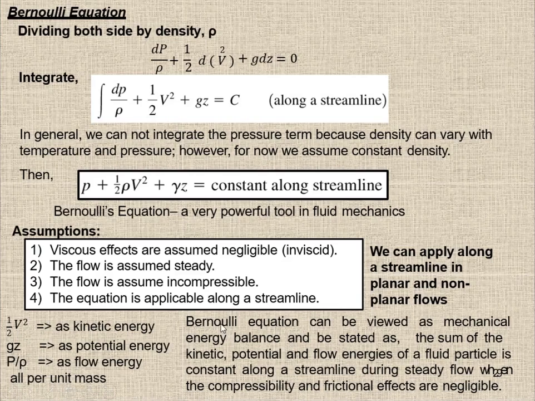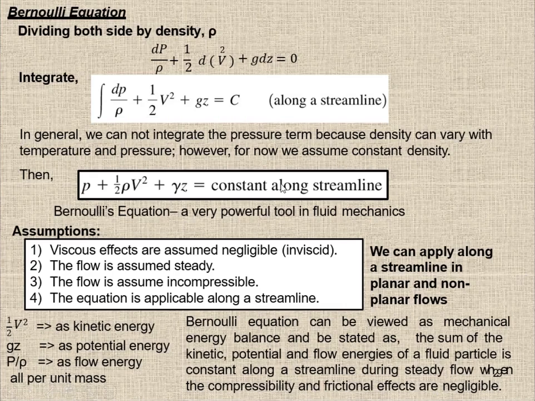Here the Bernoulli equation can be viewed as a mechanical energy balance and be stated as: the sum of the kinetic energy, potential energy, and flow energy of a fluid particle is constant along a streamline during a steady flow when the compressibility and frictional effects are negligible.